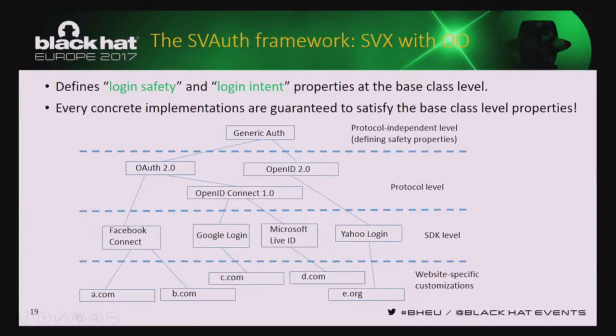So the advantage of the framework is that every concrete implementation at the most concrete level is guaranteed to satisfy the property that we defined at the top level. This turned out to be a significant capability because several decades ago, the OO community wanted to achieve a similar goal.